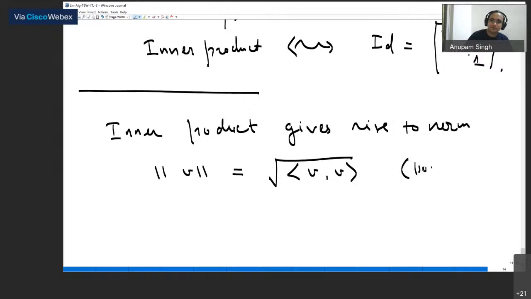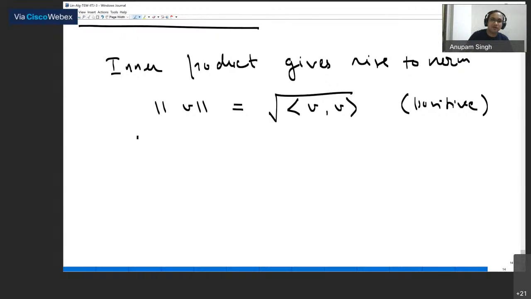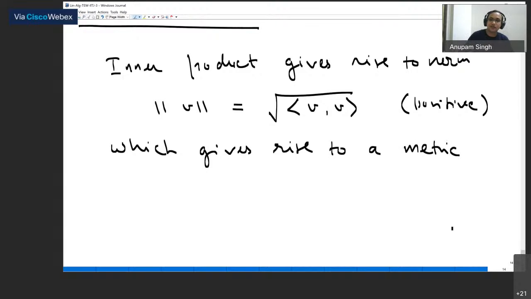And once I have a norm, it gives rise to a metric, and we all know how to define a distance function using this.